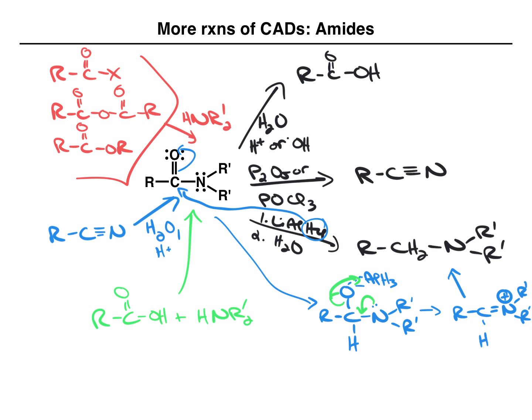And then finally, reaction of another equivalent of hydride. This can add to the carbon, push these electrons onto the nitrogen, giving us our amine. So the R group, the carbon, the nitrogen, and these R prime groups were all originally present on the amide, and these hydrogens are both from the lithium aluminum hydride.